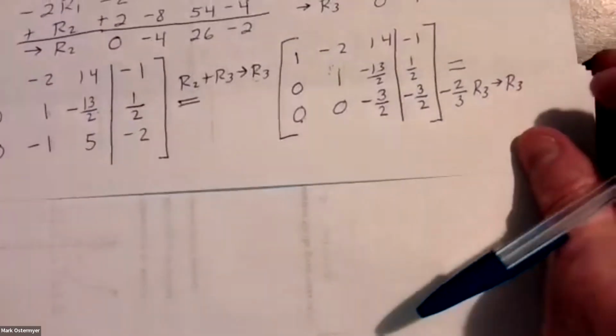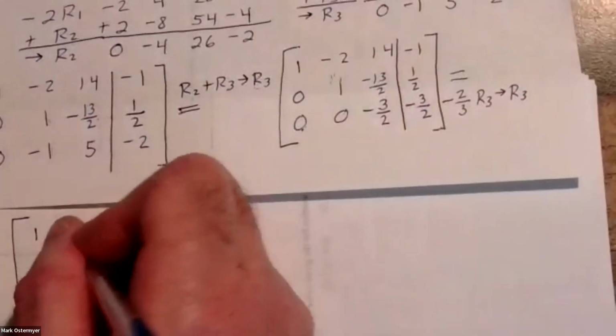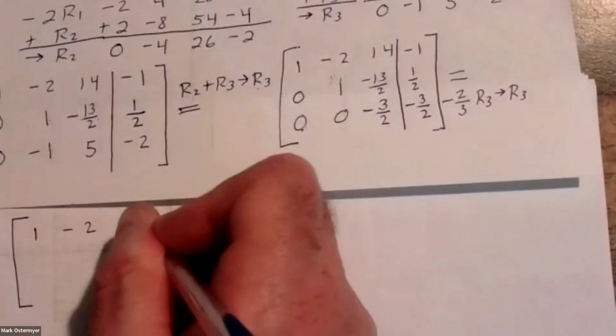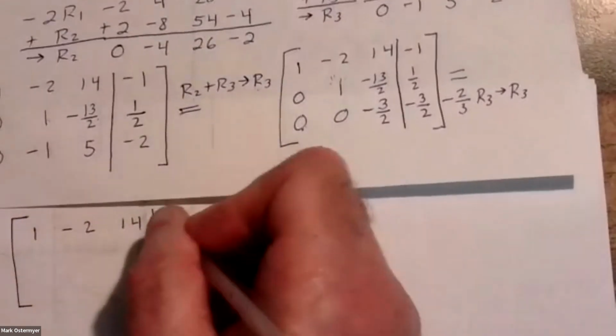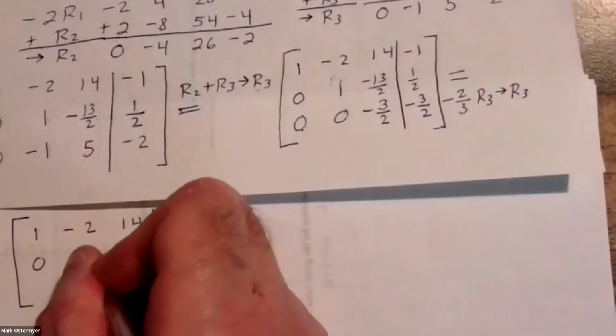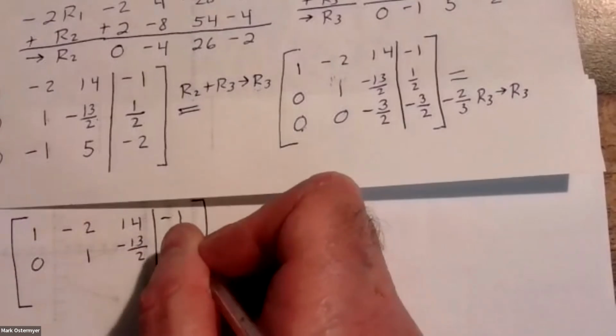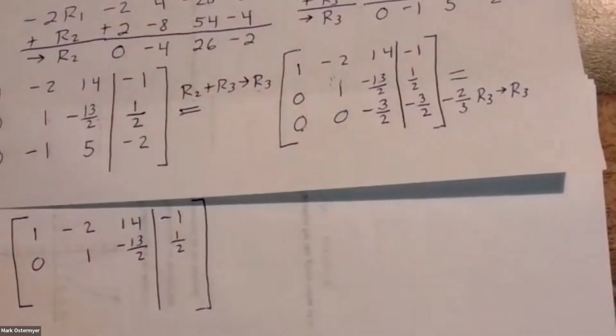So going on to another piece of paper. Notice I'm not changing row 1, and I'm not changing row 2, but I am about to change row 3. All right.